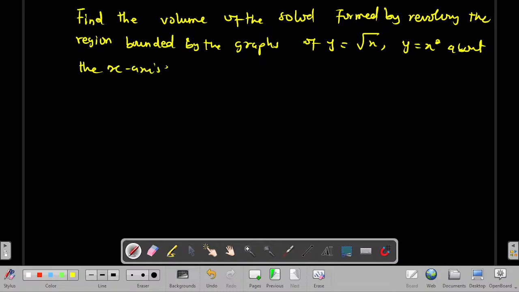So we are to find the volume of the solid formed by revolving a region bounded by two curves about the x-axis.